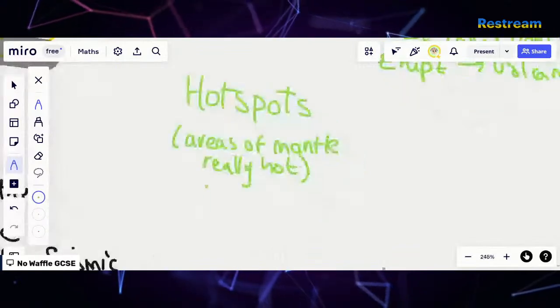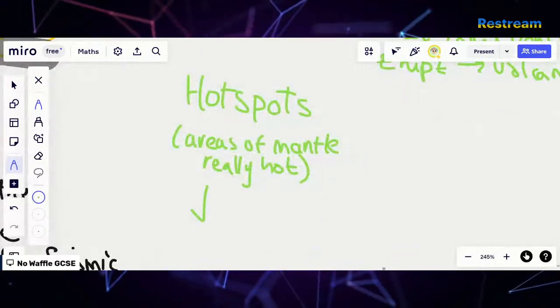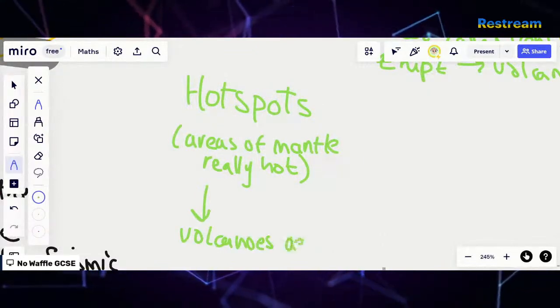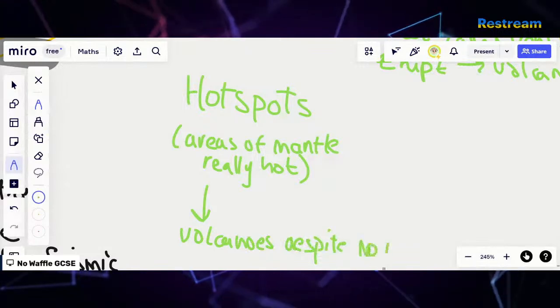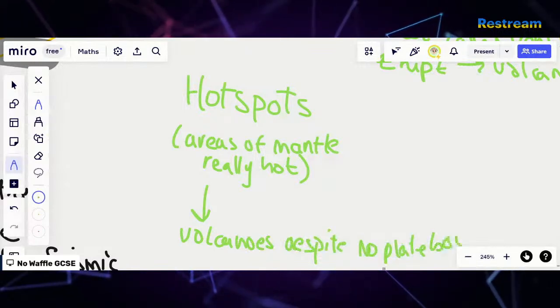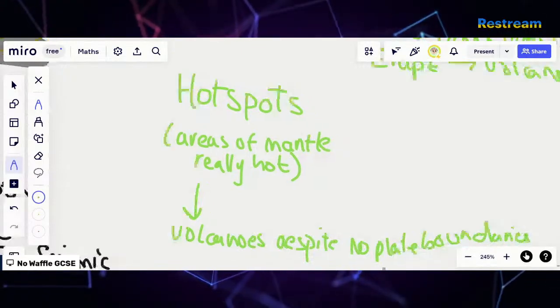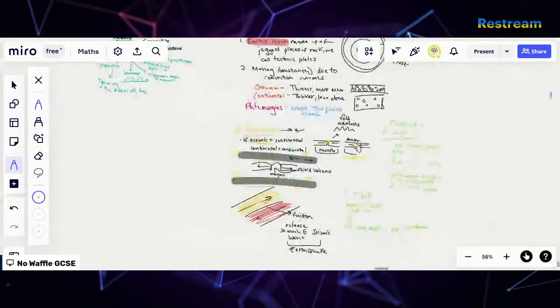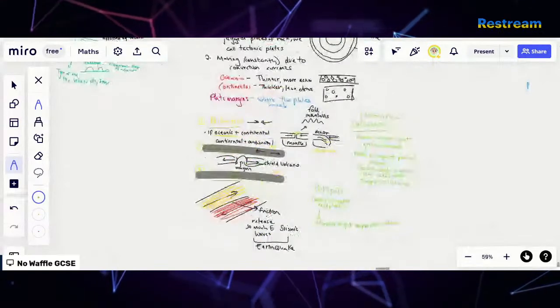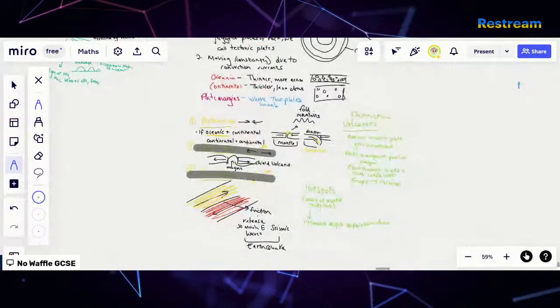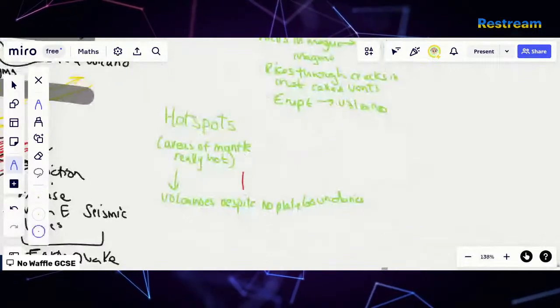And because it's so hot, it creates volcanoes despite there being no plate boundaries. So that's what's special about hotspots. And a key example of this is the Hawaiian Islands.